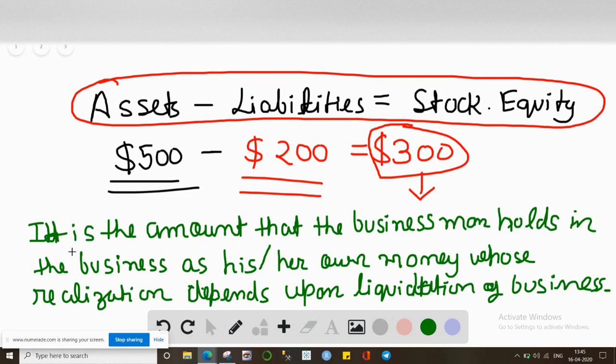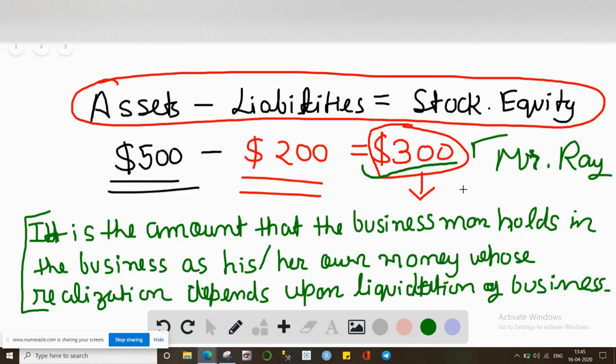Having written such a definition, it is simply the amount that Mr. Ray holds in the business as his own money. That's as simple as that. Mr. Ray has accumulated equity wealth. Equity means on his own. Mr. Ray has accumulated wealth of $300 in his business after paying off the liabilities from the accumulated assets.